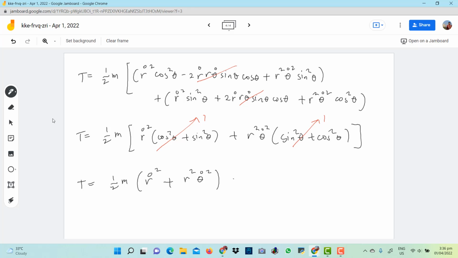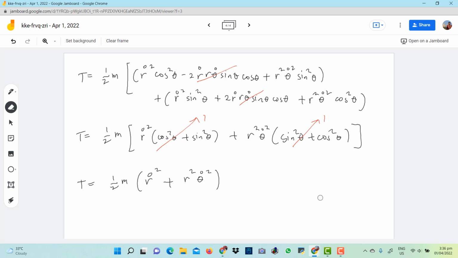As you can see, I have two terms here. The first term is for the translational motion of your single particle. The second term is the circular motion of your single particle. So the first term is the translational kinetic energy, while the second term is the rotational kinetic energy.